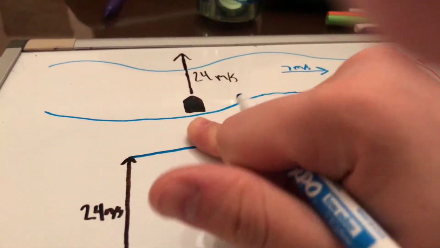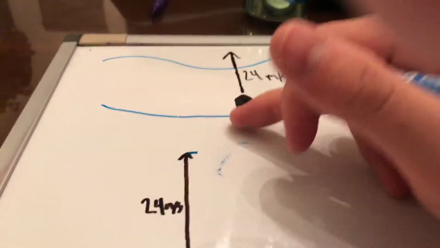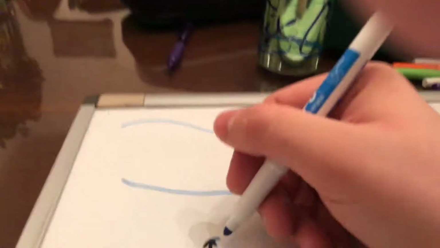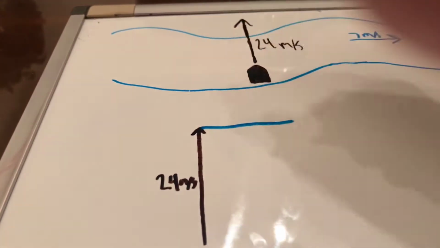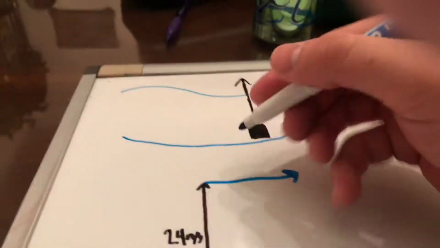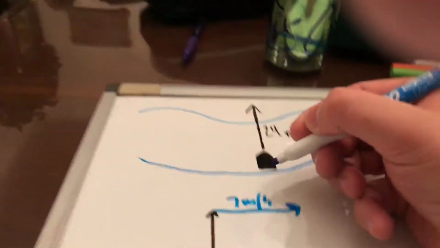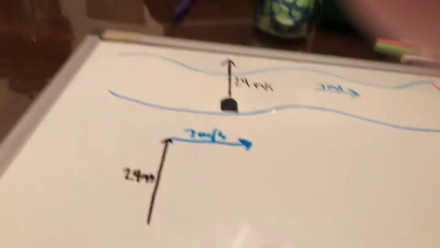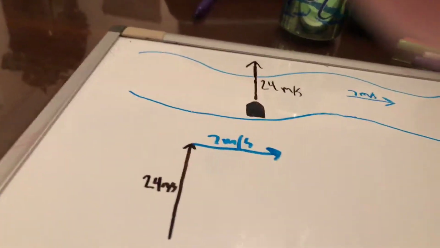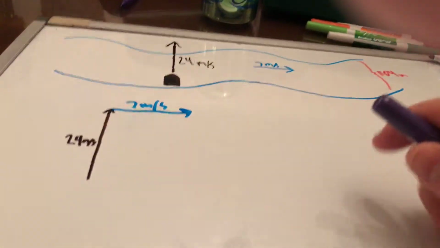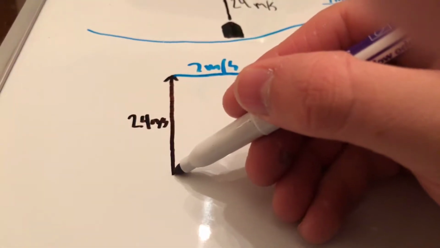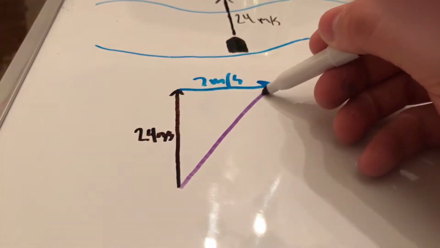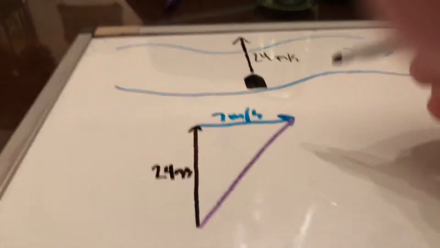Sorry, that's kind of not straight. So, 7 meters per second. And then the last speed, this part right here, would be the velocity relative. It would be what our boat would actually be traveling.